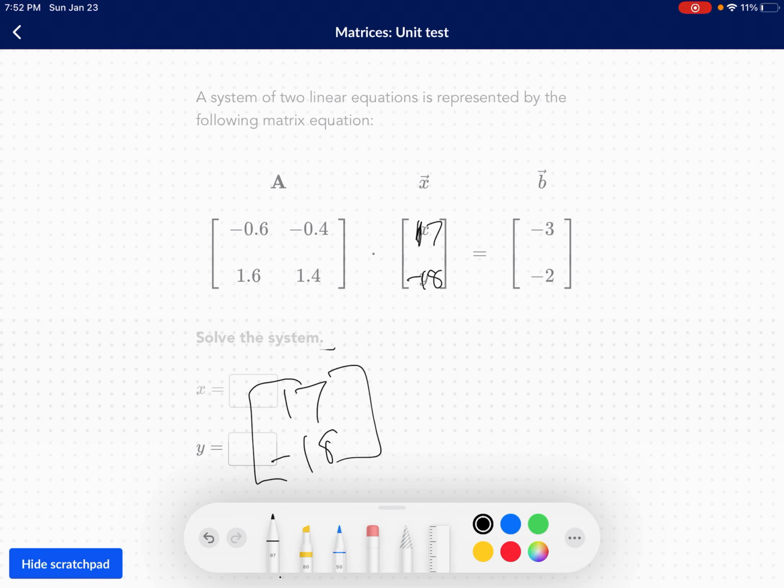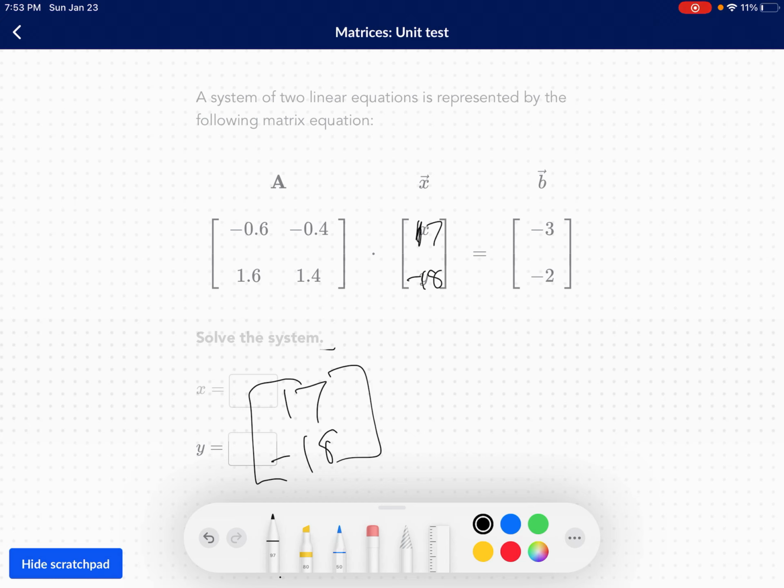So negative 0.6 times 17 plus negative 0.4 times negative 18 gives me negative 3. Okay, so that one is correct. And 1.6 times 17 plus 1.4 times negative 18 is 2. Wait, but I got positive 2 in the calculator.